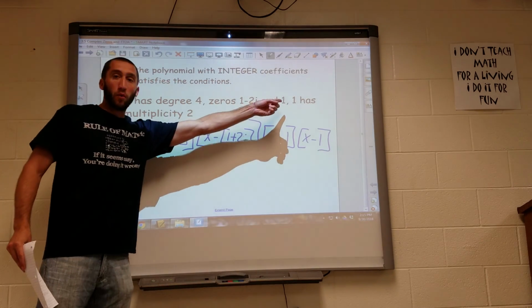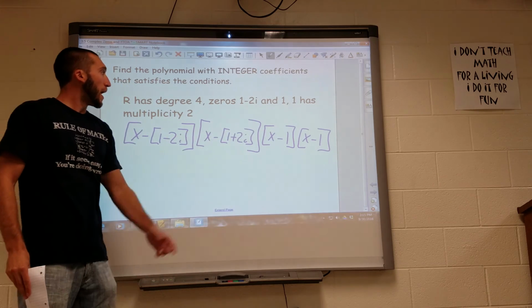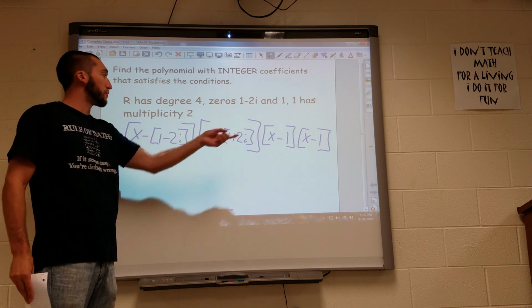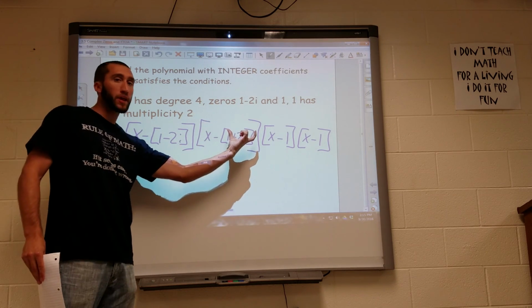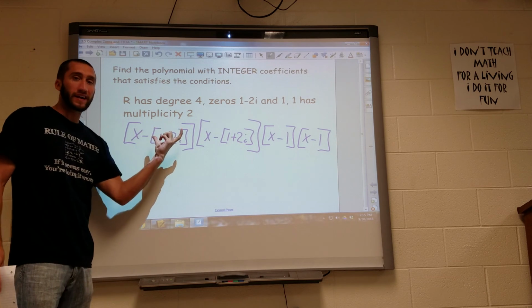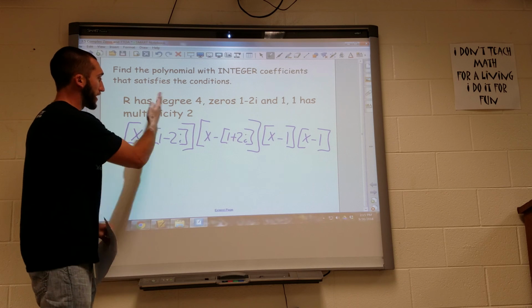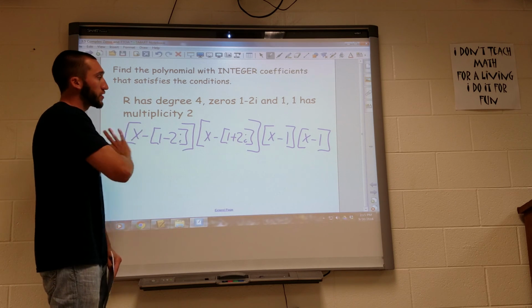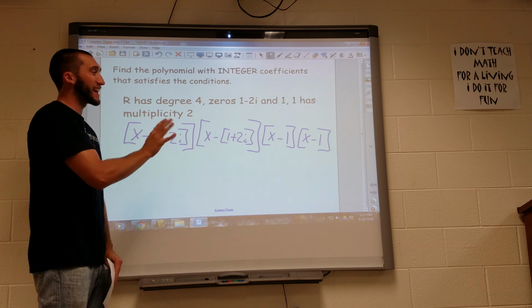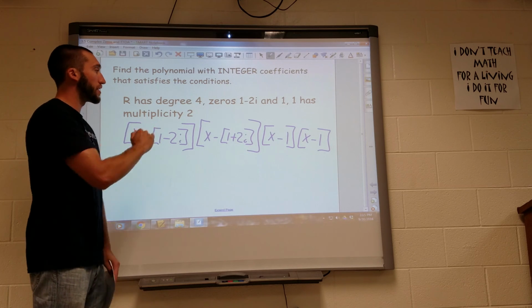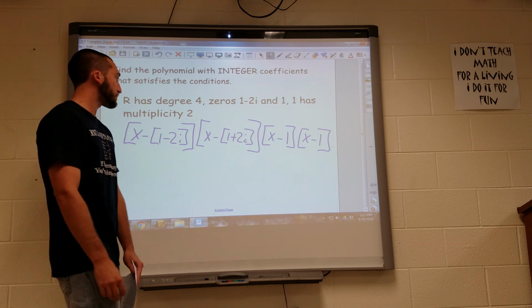So just like with the 1, x minus 1, I'm going to do the same thing with the complex number. x minus whatever that complex number is. x minus whatever that complex number is. Okay, so it looks kind of funky having 3 terms in there, but you'll see as we FOIL it out, a lot of stuff will cancel, and we'll get rid of the imaginary numbers.